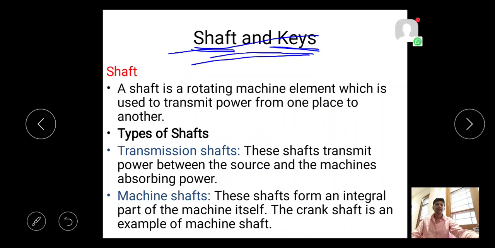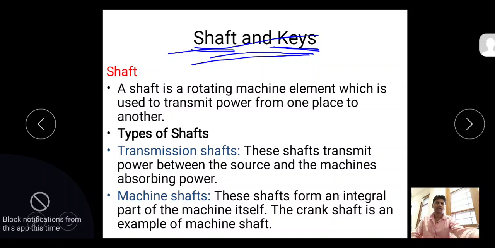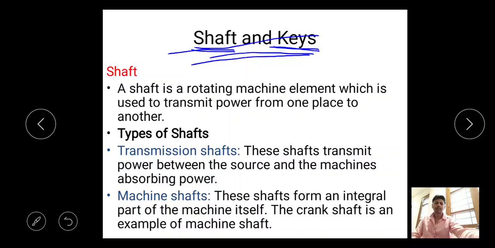So what do you mean by a shaft? Shaft is nothing but a rotating machine element. It is a rotating machine element which is used to transmit power from one place to another place. So shaft will be like this. You have a shaft, and it will be rotating.